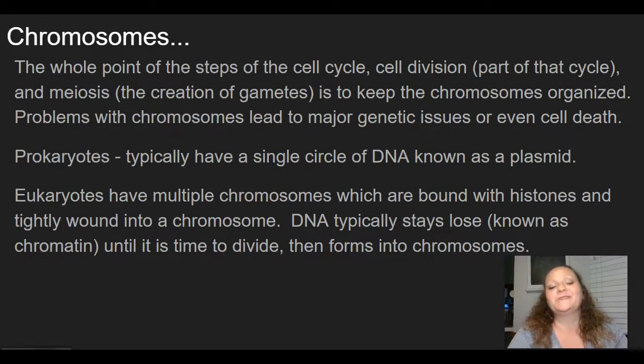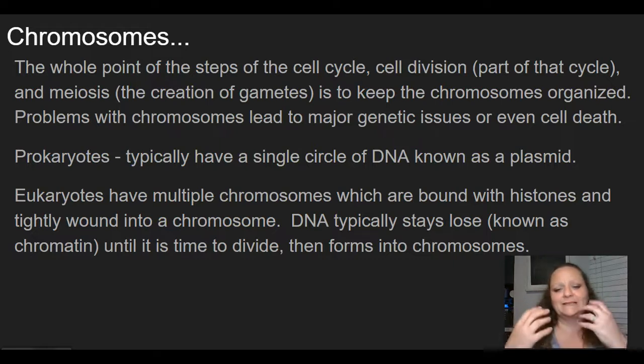So you also have to remember, too, that we have different types of cells, prokaryotes and eukaryotes. So prokaryotes typically are just going to have a single circle of DNA known as a plasmid. And as a result, their cell cycle is a little bit simpler, a little bit easier. Eukaryotes have lots of chromosomes.